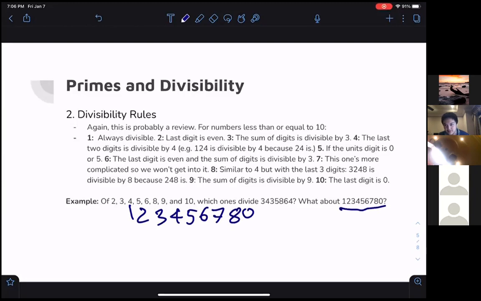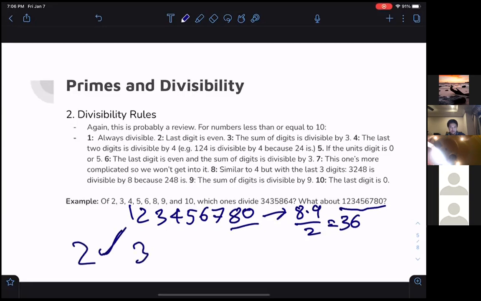Sorry, I was muted. Okay, so now let's check 1, 2, 3, 4, 5, 6, 7, 8, 0. Let's look at the sum of the digits of it. If you know your n times n plus 1 over 2 formula, 8 times 9 over 2 is 36. And this number is even, it's divisible by 4. So we automatically can knock down 2, 3, 4, 6, 9.